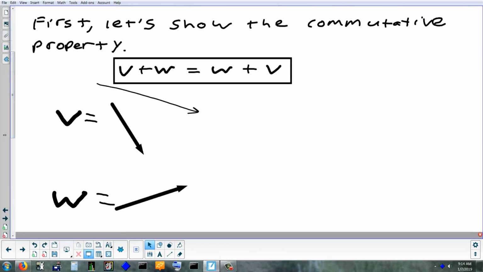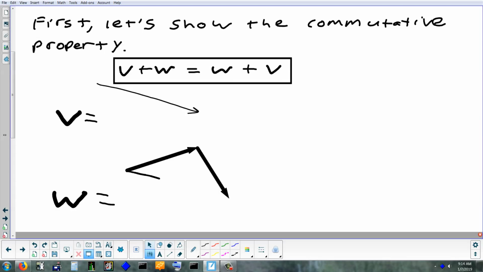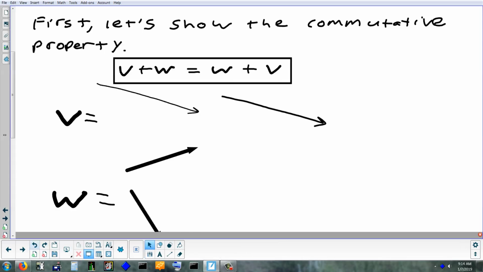Now let's do W plus V. So there's W. Now I'm putting V on the end of it. Let's draw that. And now if you compare the two, it's not perfect, but they're pretty much the same thing. So there's W plus V. Any questions on that idea?